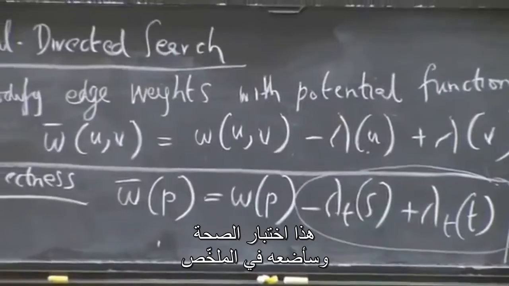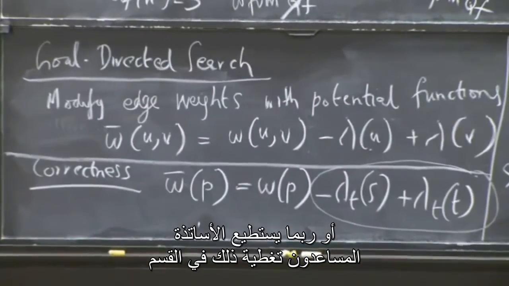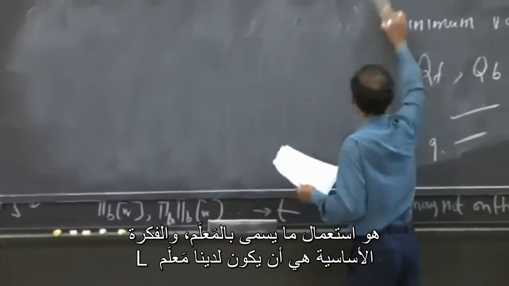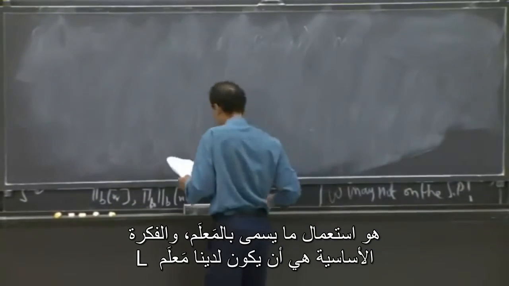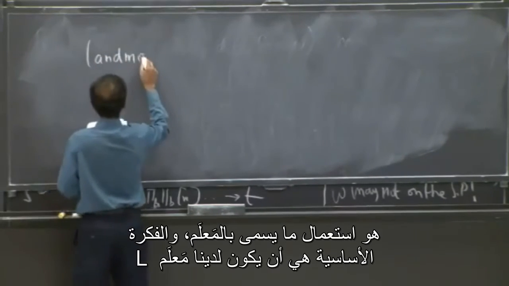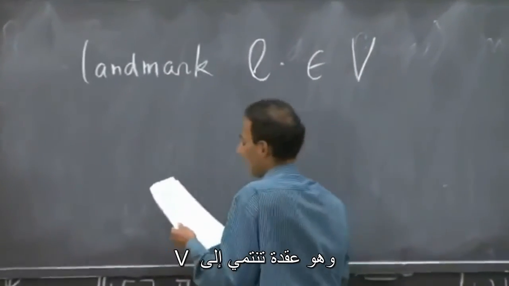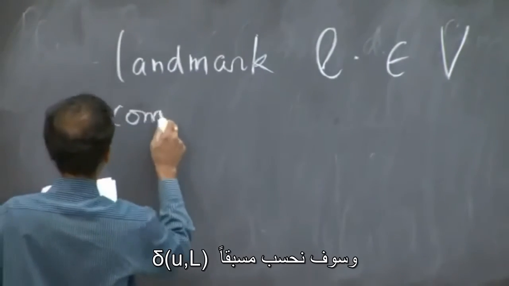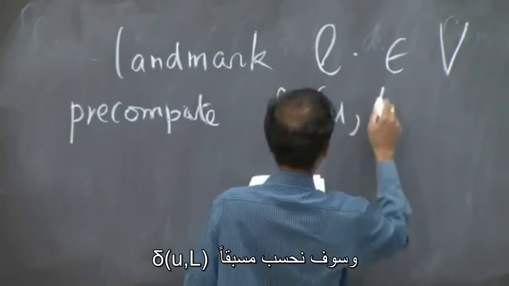And I'll put this in the notes, or maybe TAs can cover it in the section. But one way of getting these potentials, or this potential function, is to use what's called a landmark. And so the basic idea is that you have a landmark L, which is a vertex belonging to V, and we're going to pre-compute delta(u, L).